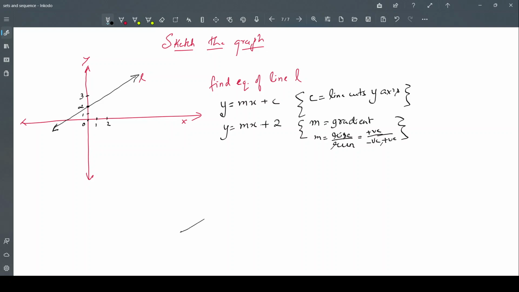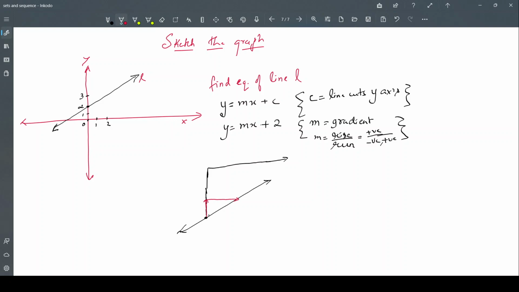For example, this is a line. So let me pick a point from here. How many units is it going up and how many units is it going right to meet the line? See, I'm not going to take this line because it's not meeting my line, right? Instead of that, I'll try some points till here so that I can meet the line.